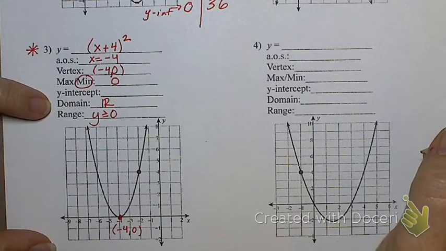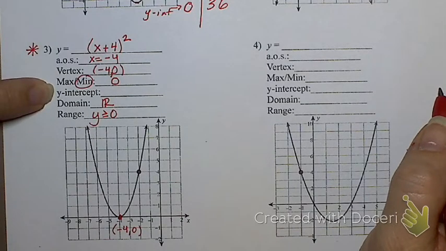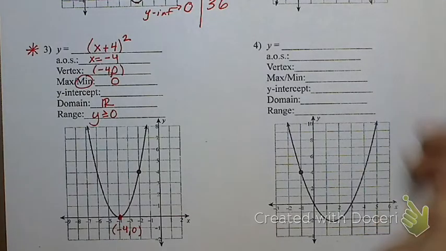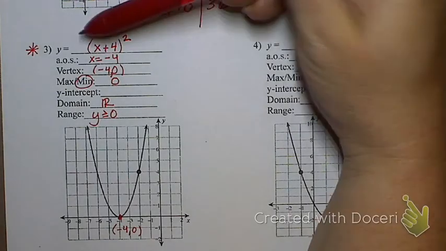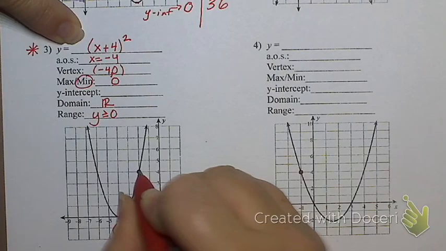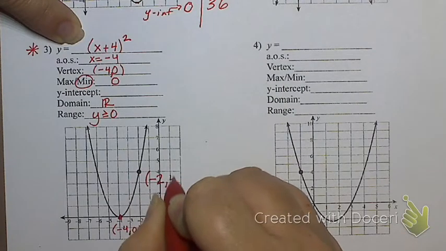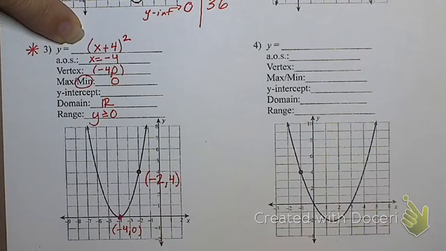So I have 2 things to find still. I need to find my y-intercept, but I also need to find my a value, right? So I'm going to use the other point they give me. What is this point right here? -2, 4. And I'm going to use that to find my a value.